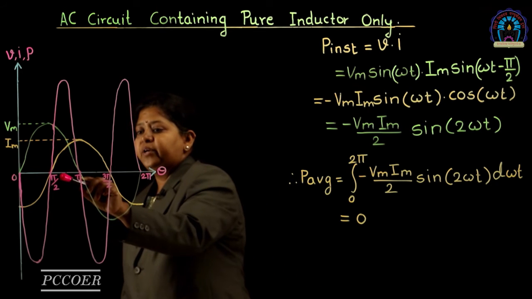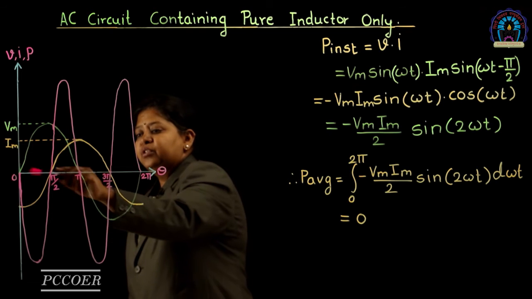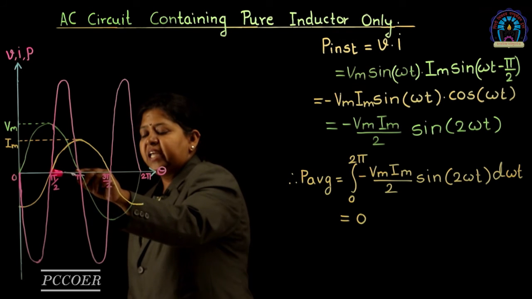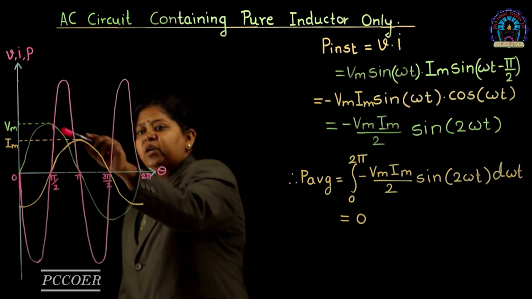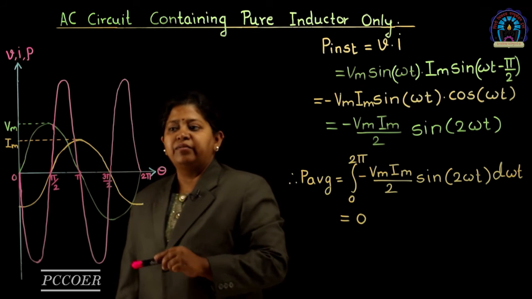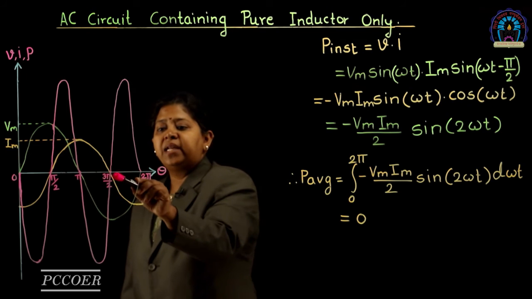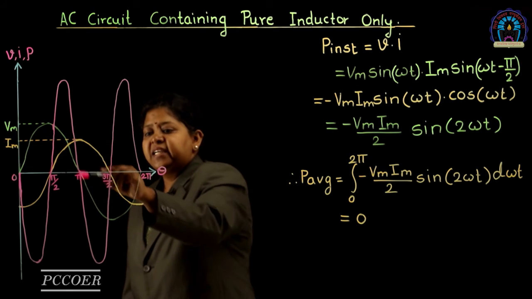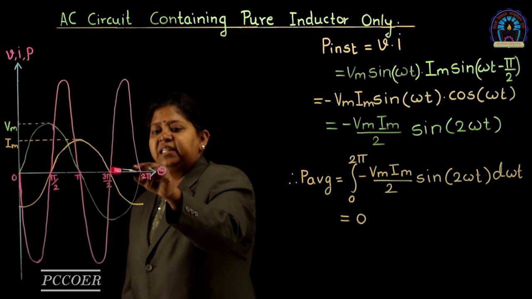Between 0 to pi by 2, voltage is positive but current is negative. So, the product is negative, power is negative. Between pi by 2 to pi, voltage and current both are positive. So, the product, that is power, is positive. Between pi to 3 pi by 2, voltage is negative but current is positive. Again, the product is negative.